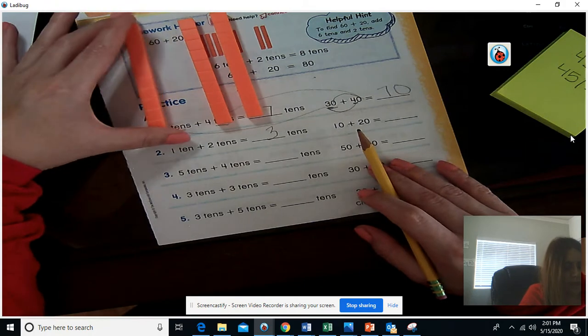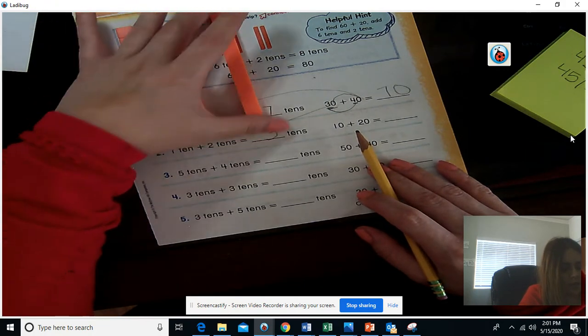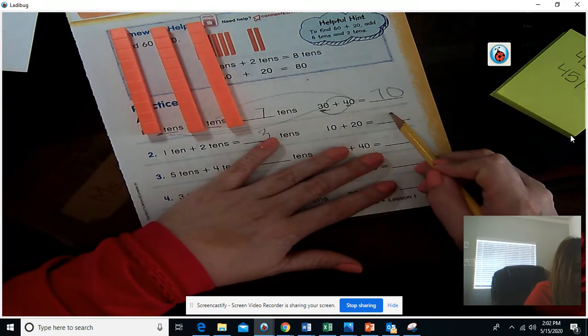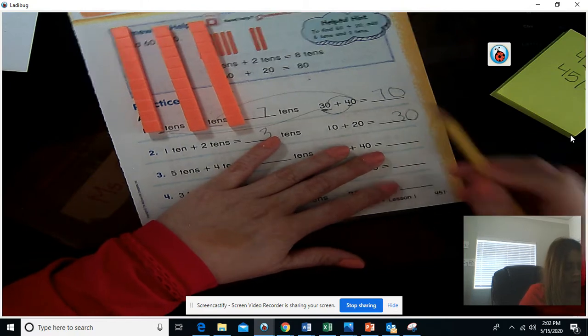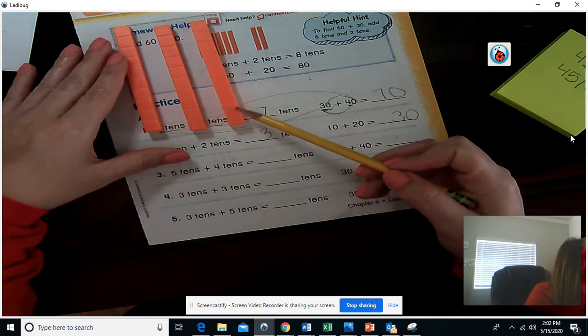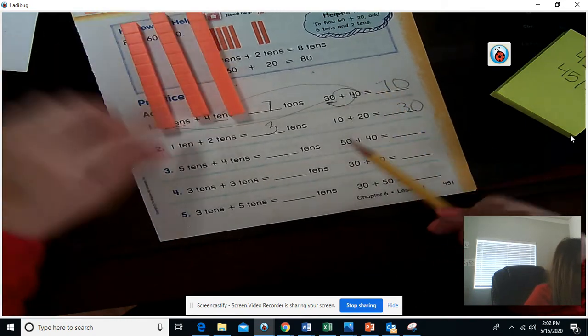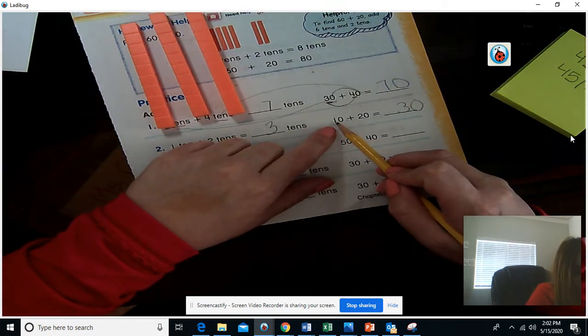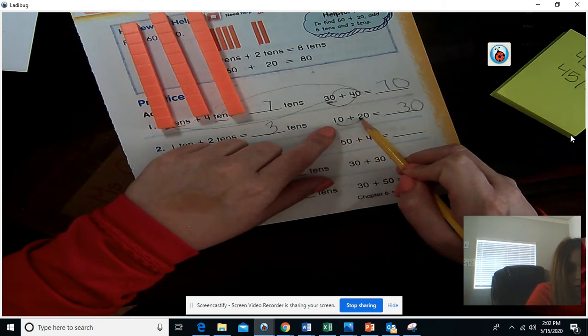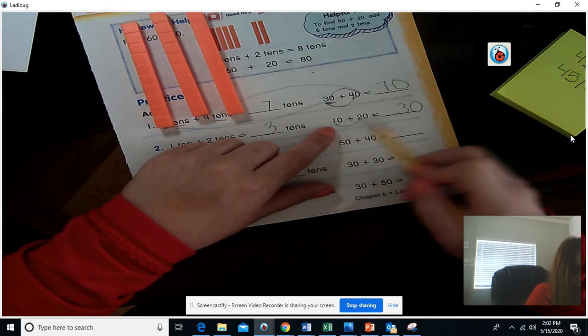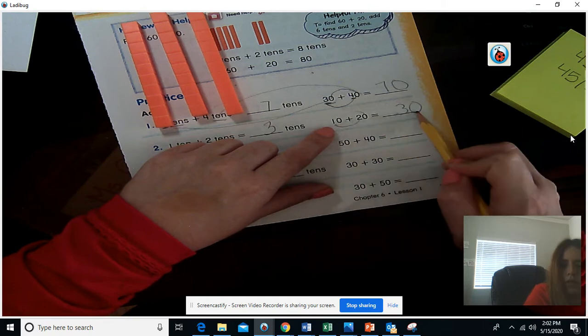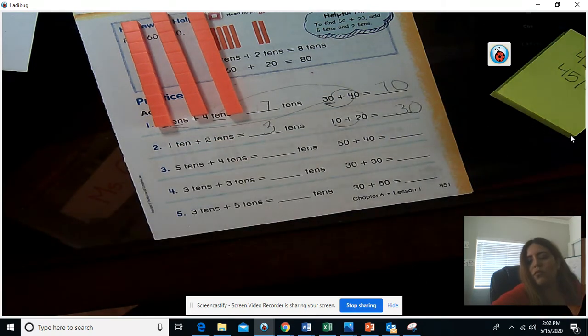So this is 10, 20, 30. So if we were to count every single square here, we would have 30 squares. And another way of adding it is doing 1 plus 2 equals 3, and 0 plus 0 equals 0. Okay.